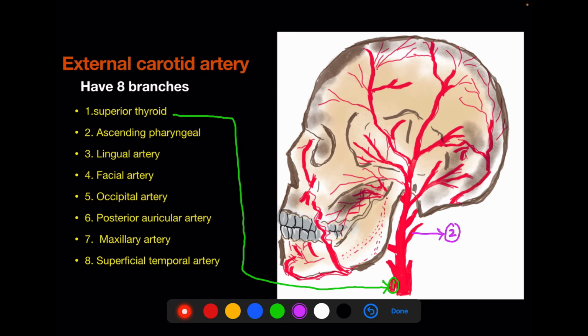So ascending pharyngeal and superior thyroid. Now the third one, that is the lingual artery. I am using blue for the lingual artery. Number 3 is here.